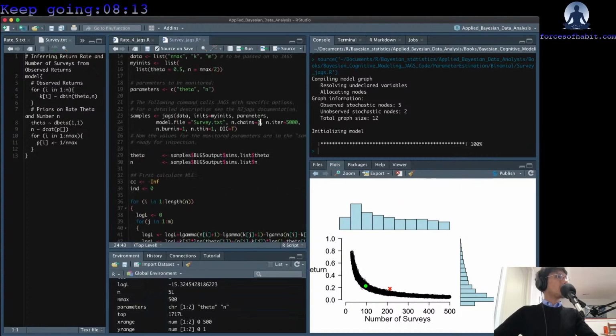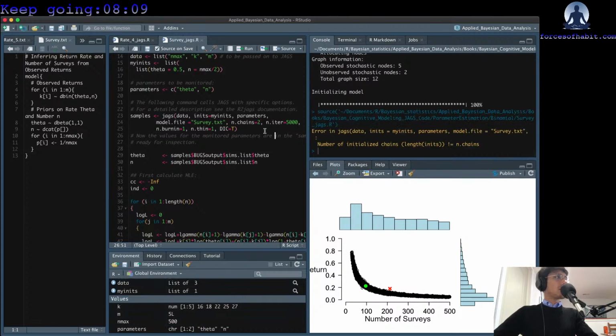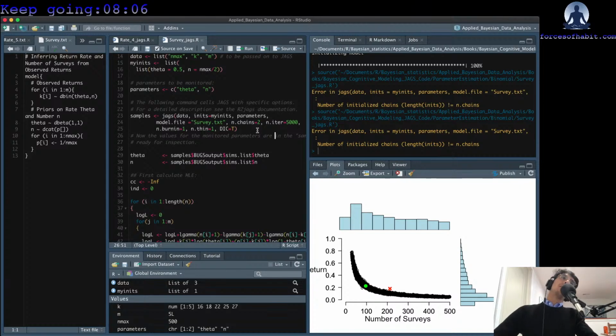Two chains. Number of initialized chains is not equal to n number of chains.